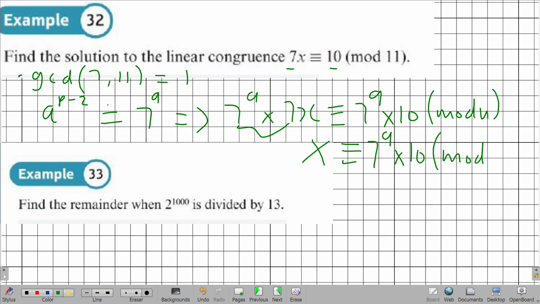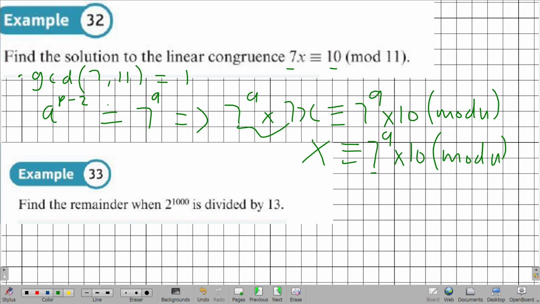This is also a big number, but we can reduce it. 7 to the power of 2 is 49. That's quite a small number to deal with, but let me say, what is 49 times 7?